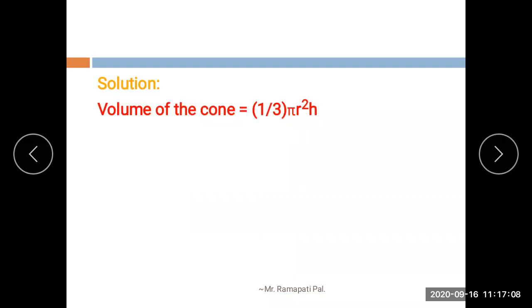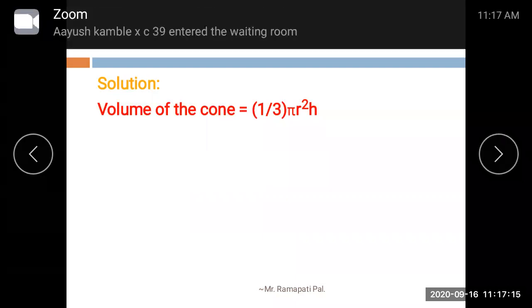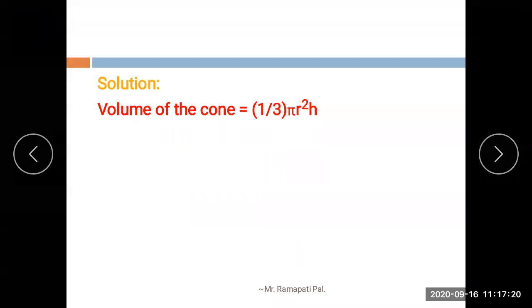Volume of cone is 1 upon 3 pi r square h. 1 upon 3 into 22 upon 7, the value of pi, into the value of r, which is given, 1.5 raised to power 2, means 1.5 square.